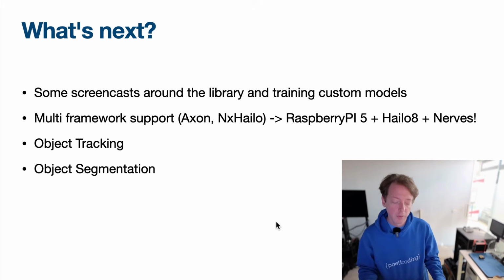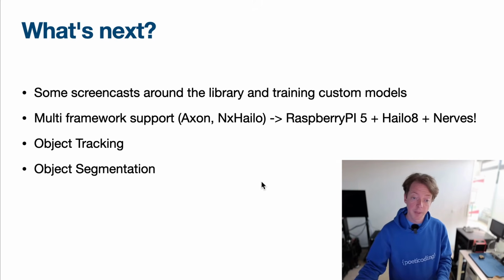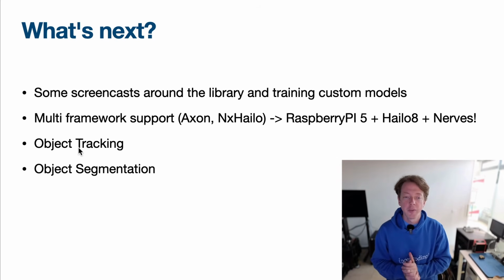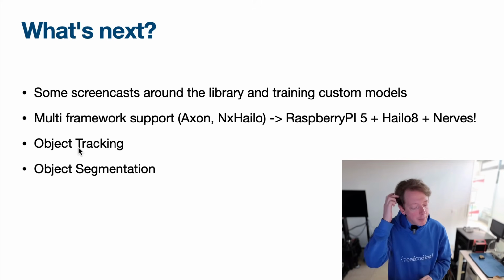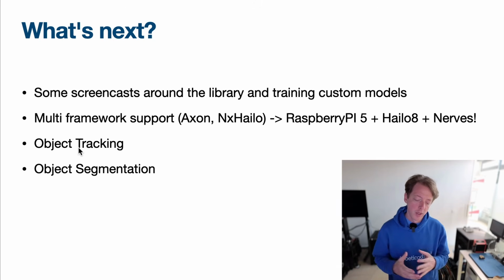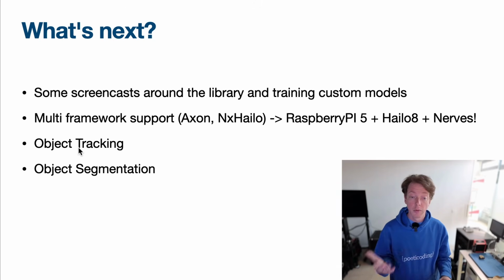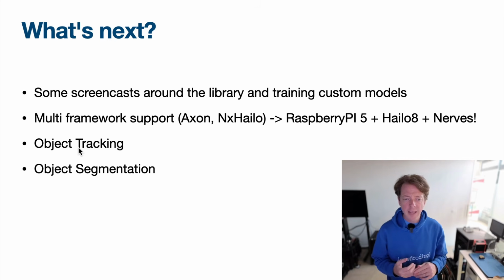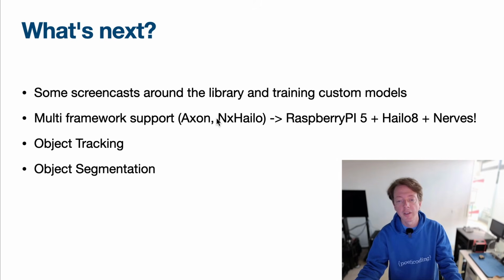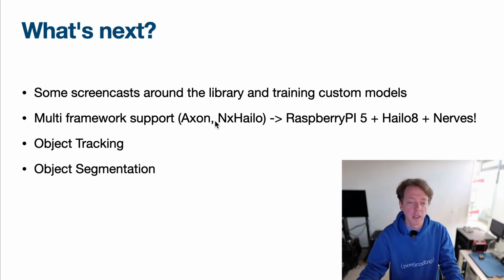And about features, the first thing for me is object tracking. I did some experiments, so the idea is to bring a stable release with object tracking, and then multi-framework support. At the moment, the library uses Evision to load the model and run inference.